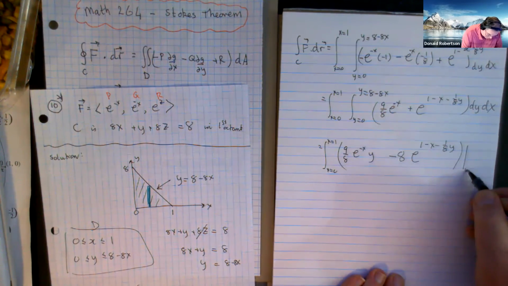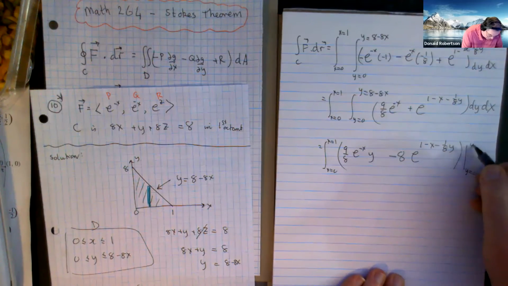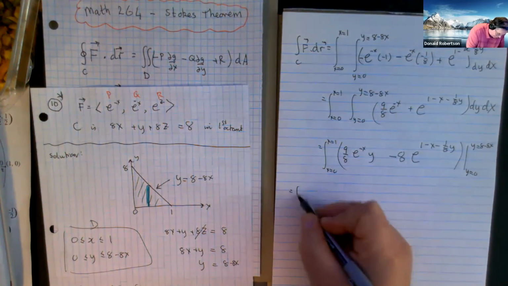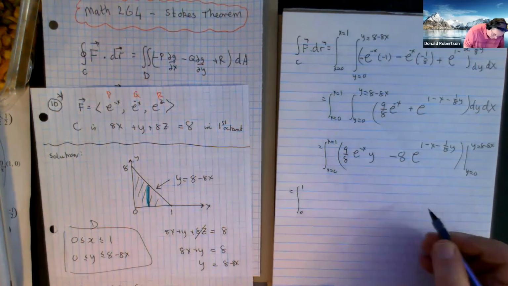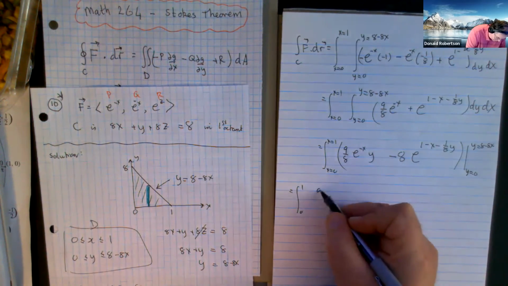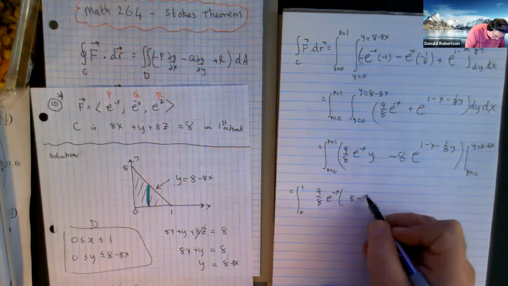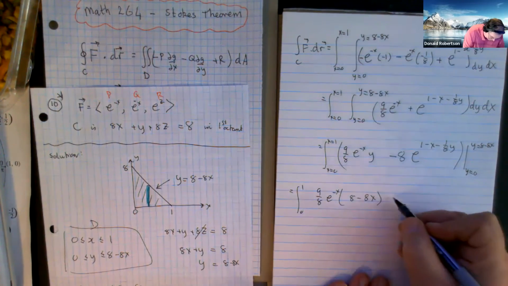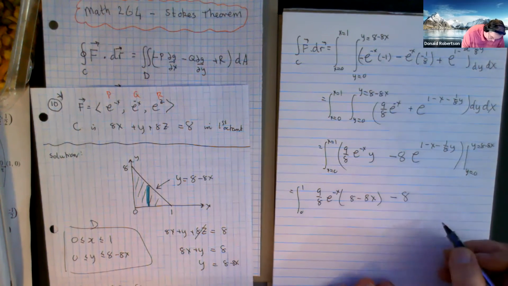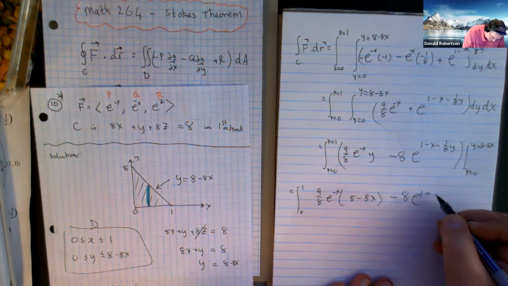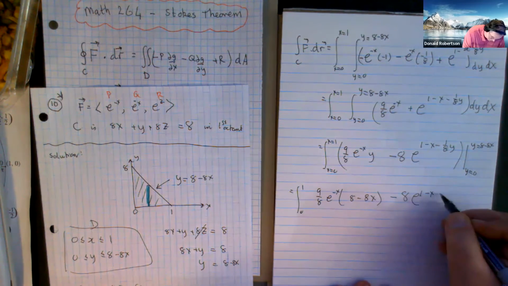And now we can do the 0 to there. So it's going to be the integral from 0 to 1 of 9/8 e to the negative x times that ugly thing, minus 8 e to the 1 minus x.